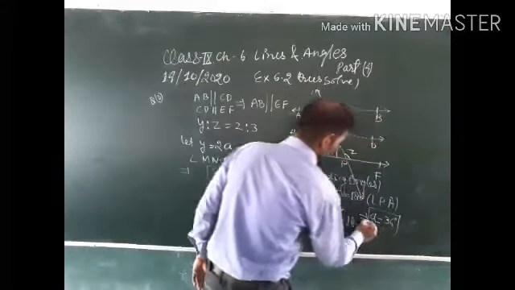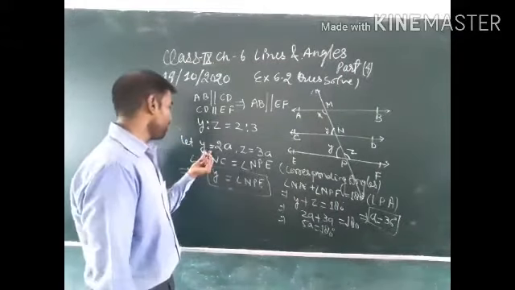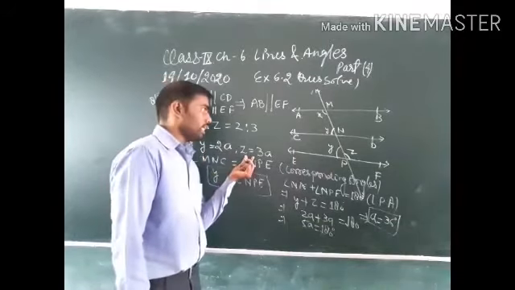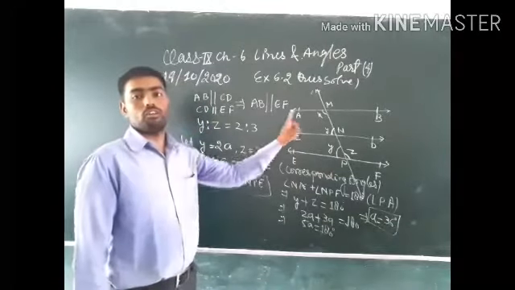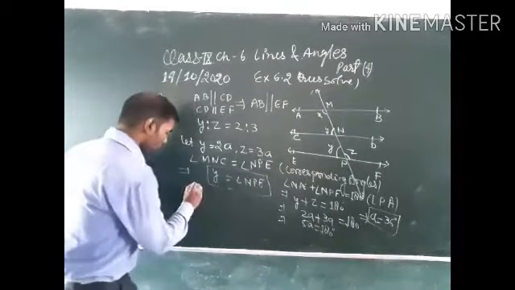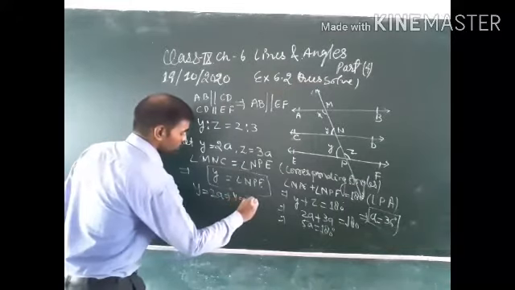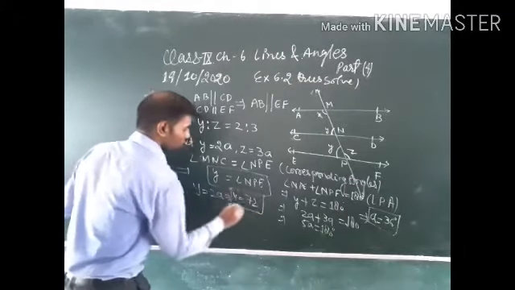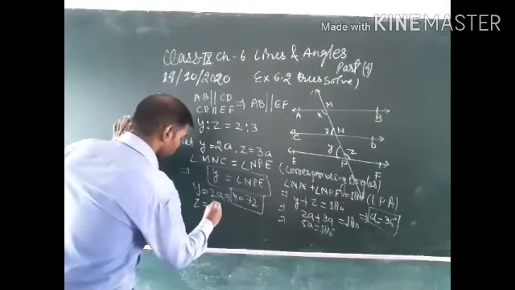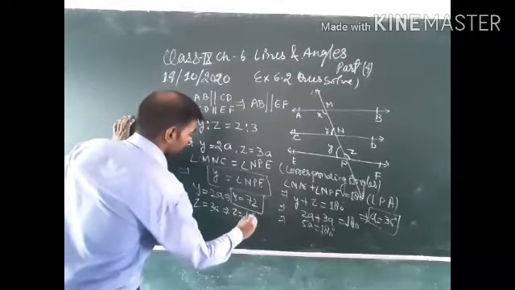So we find the value of Z, and also we find the value of X. First of all we find the value of Y. So Y is equal to 2A. It means the value of Y is equal to 72, because 2 into 36 is equal to 72, and Z is equal to 3A. It means Z is equal to 108.